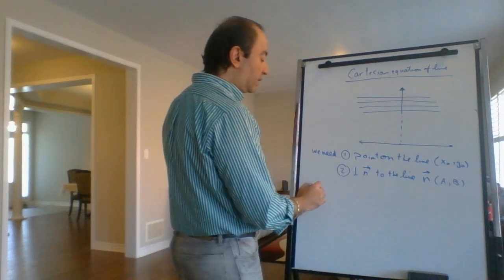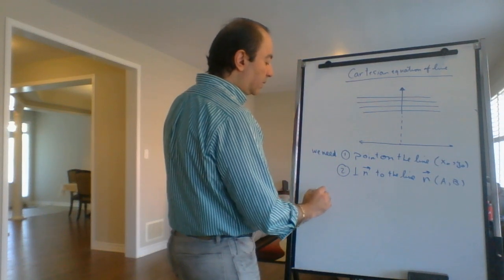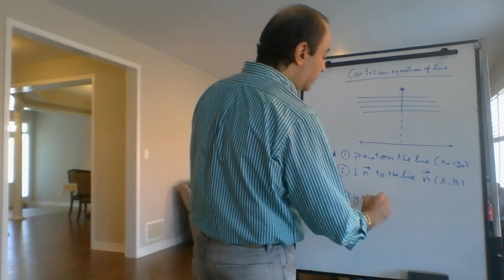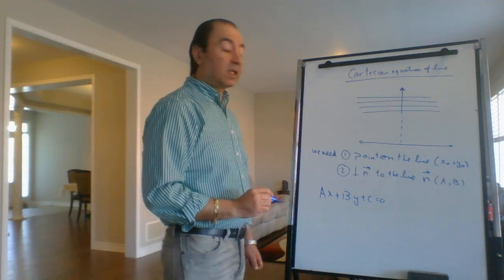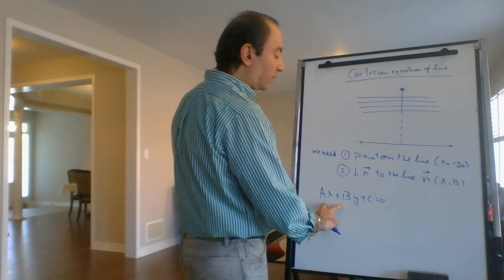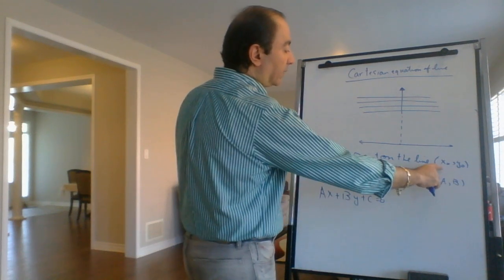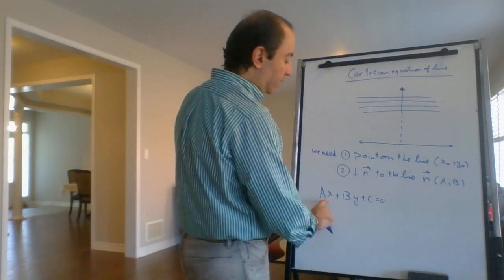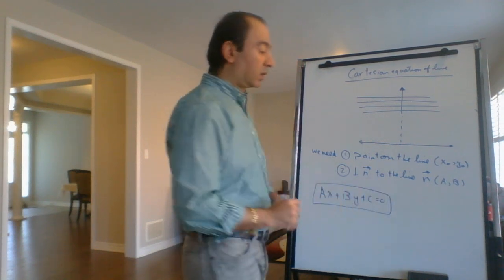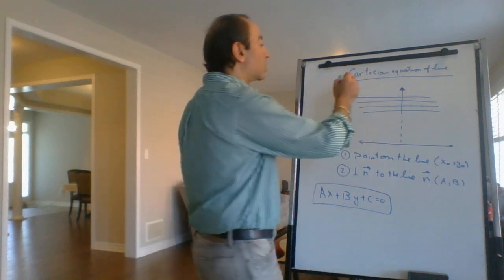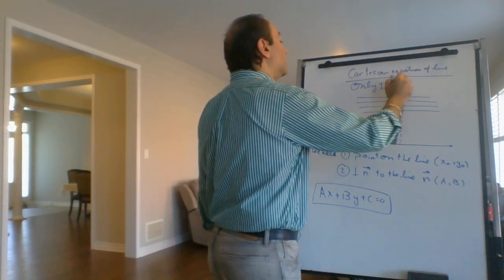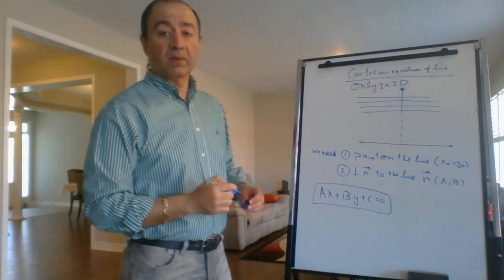Now what will be the Cartesian equation? It will be ax plus by plus c equals 0. So what does that mean? I take the components of the normal vector, I put them in front of x and y, and I use these coordinates for x and y and solve for c, and I will have the Cartesian equation of a line. This works only in 2D. It doesn't work in 3D.